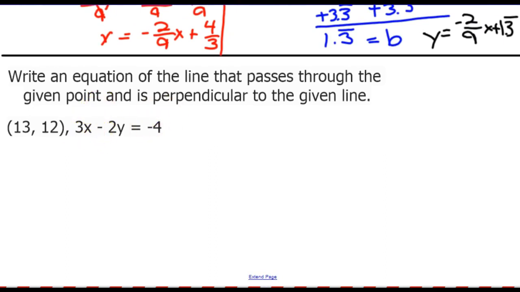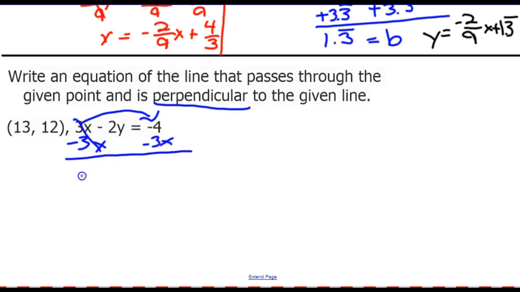Here, we have to again get it into slope-intercept form, but this time we're looking for perpendicular. So I'm going to subtract 3x to move that over. So we have a negative 2y equals a negative 3x minus 4.